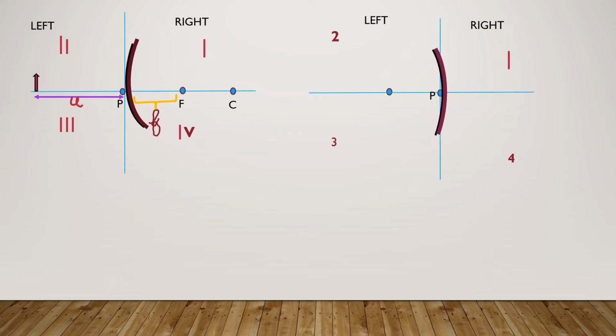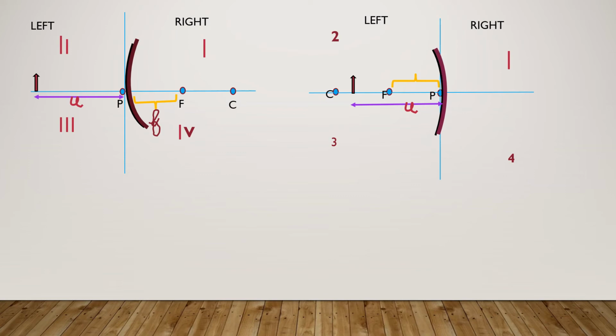Now let us mark the important points and you can see the object is placed to the left of the mirror, and this distance between the mirror and the object is called the object distance, represented by letter u.